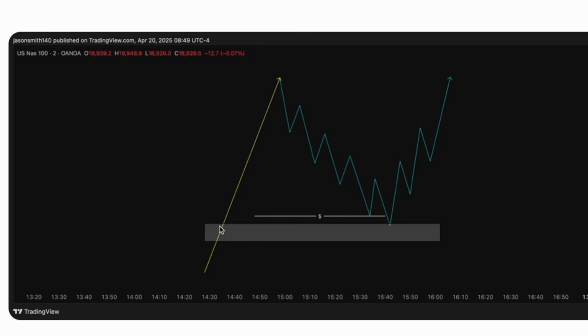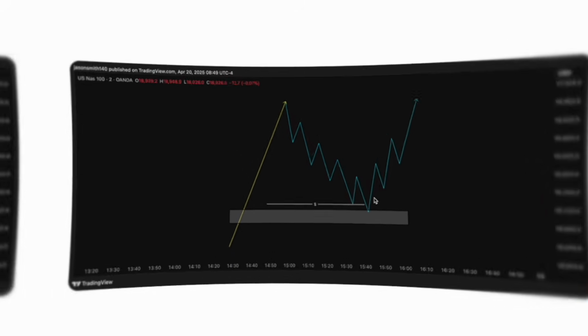Let's say, for example, this was a fair value gap, breaker block, or even order block. Price retraced to it. Price took the liquidity that was created on this move down, and then price enters our higher time frame POI. We get a big impulse move, and then you can enter on the lower time frame on your entry model. Fair value gap, order block, breaker block, etc.